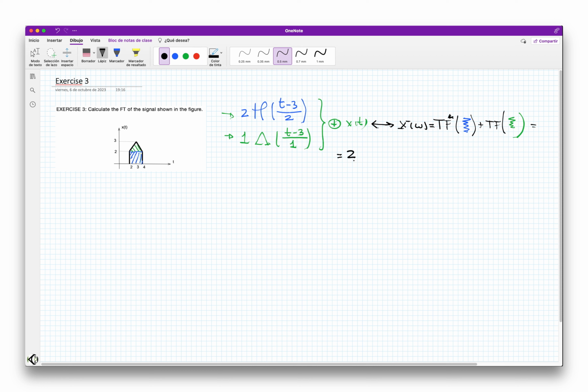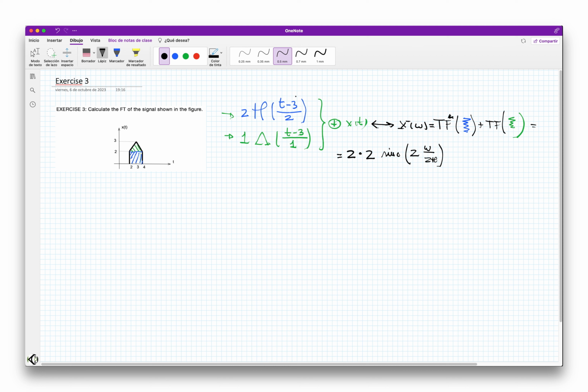So the Fourier transform of the pi function, remember that it was 2 times, which is the amplitude, times the total width, in this case 2, and then we have a sinc function of, here we put again the total width, and then omega, the angular frequency, divided by 2 pi.